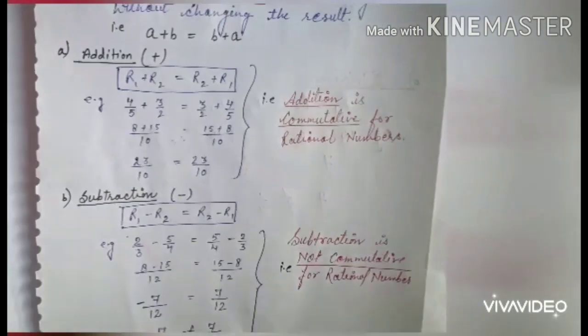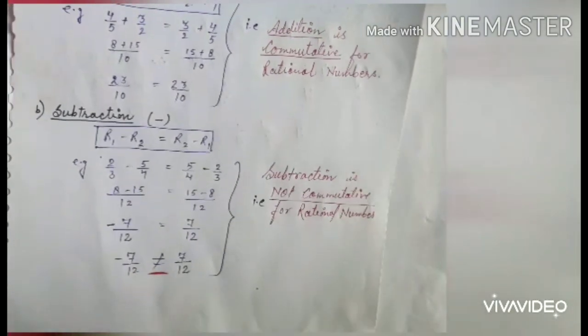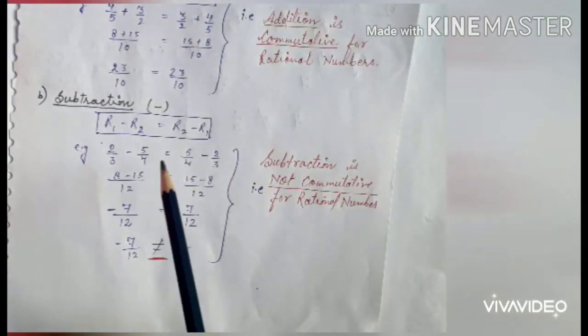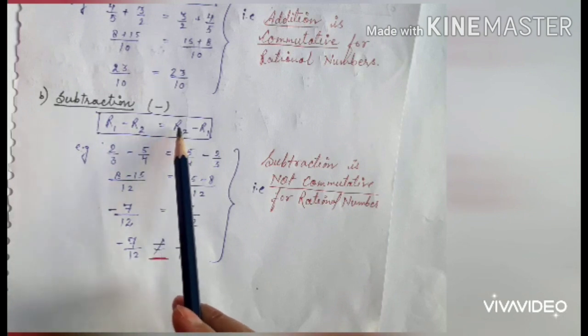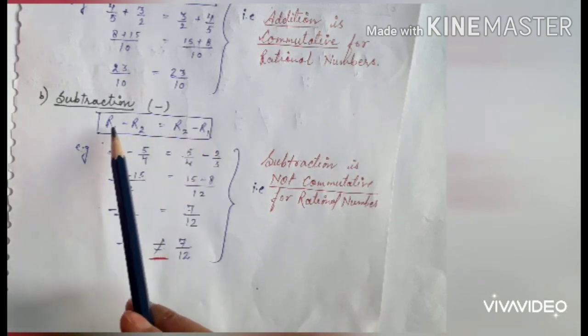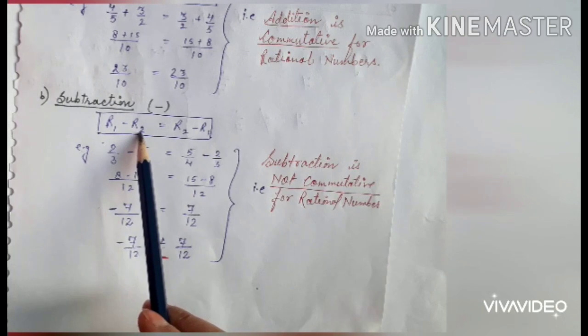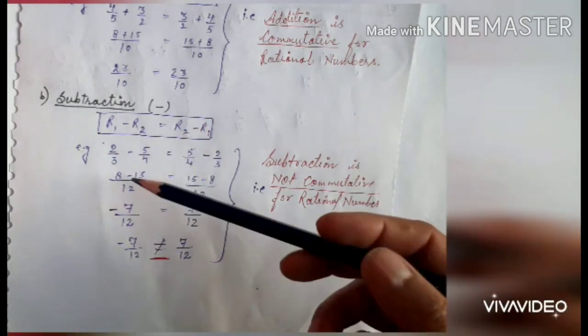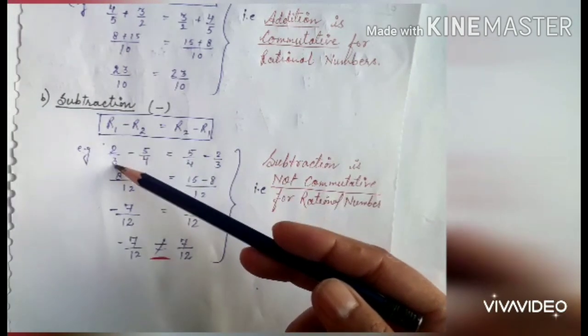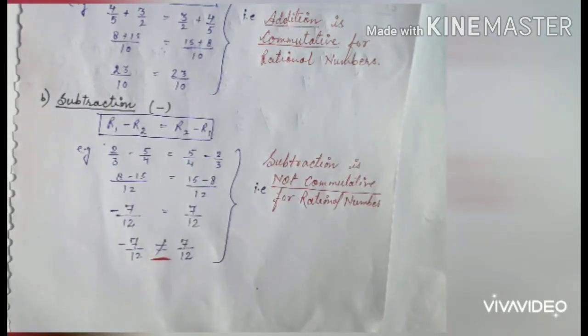For subtraction, we have R1 minus R2. When we change the order, we get R2 minus R1. That means rational number 1 minus rational number 2, and rational number 2 minus rational number 1. Suppose we choose R1 as 2 upon 3 and R2 as 5 upon 4.